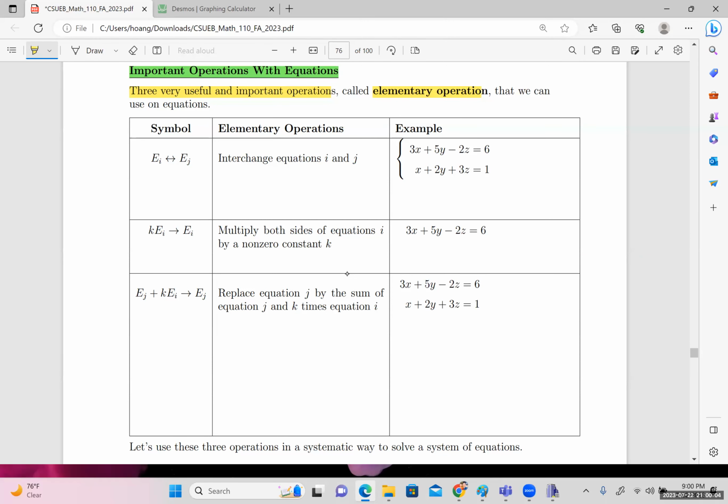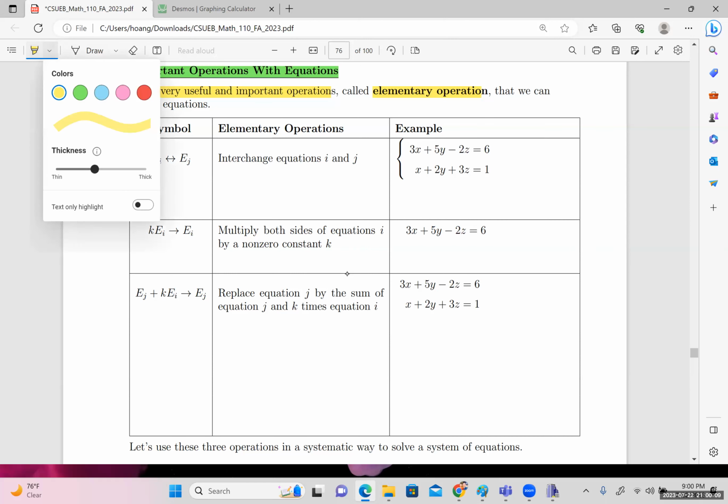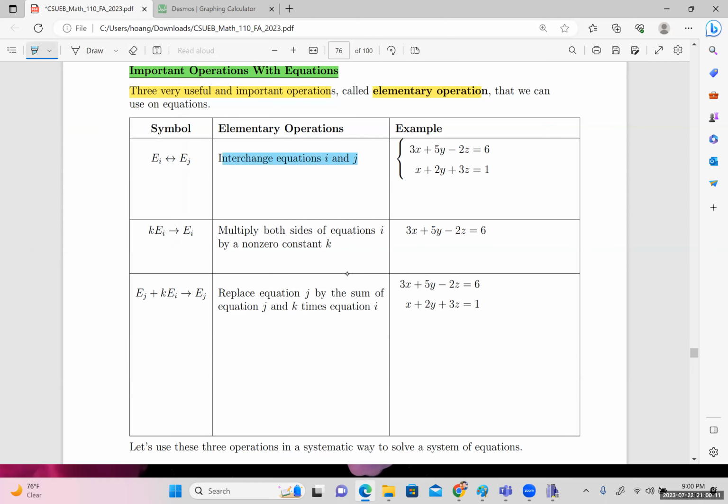We can first interchange equation I and equation J, and the symbol as you see over here is equation I interchanged with equation J.